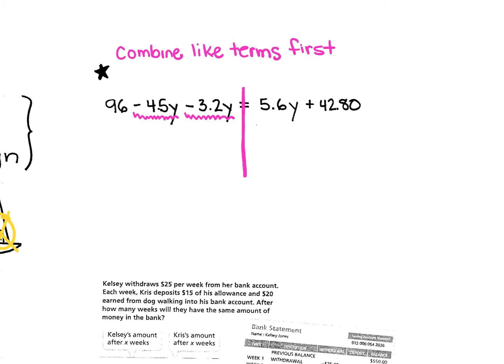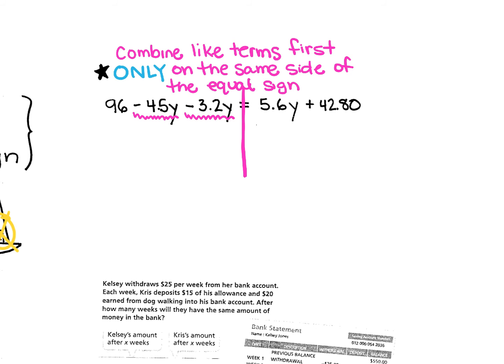But only on the same side of the equal sign. Remember, there's a wall there and we can't combine across the sign.